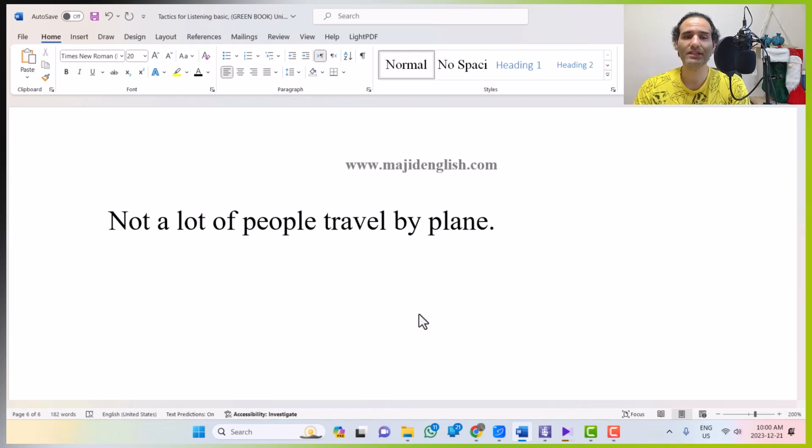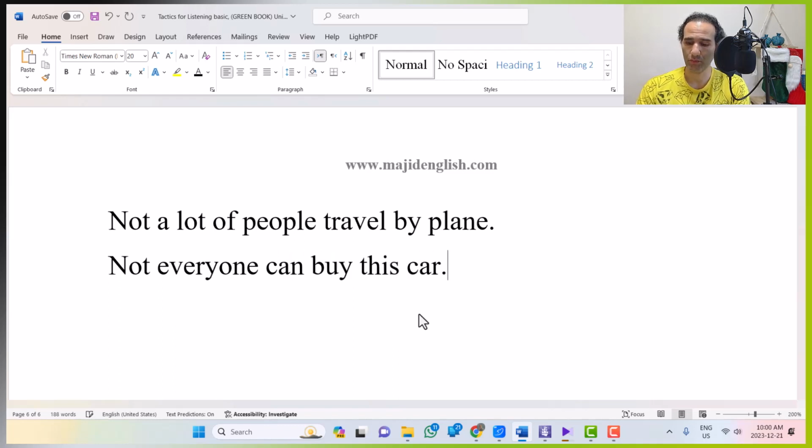So I don't say a lot of people don't travel. I say not a lot of people travel. So I don't say everyone cannot buy this car. I say not everyone can buy this car. It's so pricey. Not everyone can buy it.